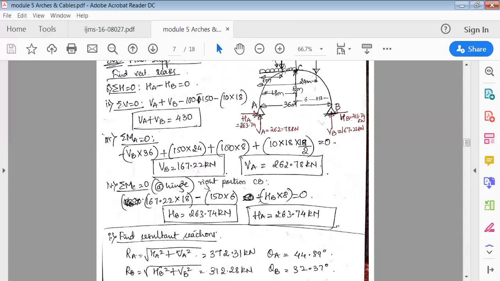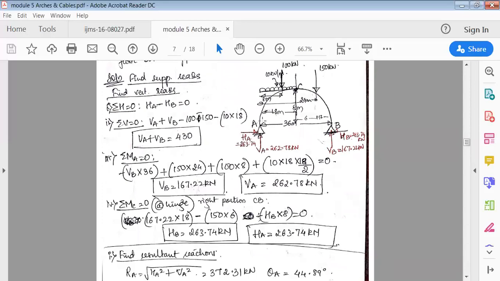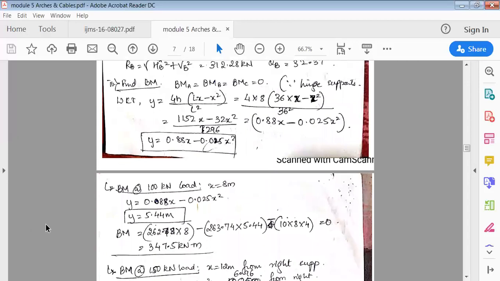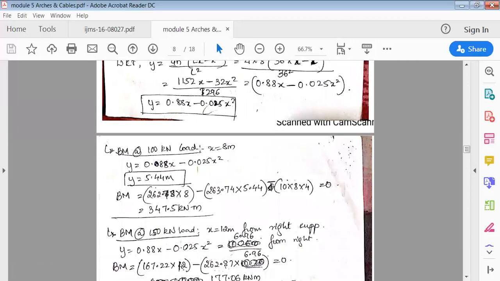For this x, we'll calculate y, that is the perpendicular, vertical distance. Put it back in the equation for the bending moment at 100 kilonewton, that is at x equal to 8 meter, and solve. So y is 5.44. Now we know x, we know y. So at that section, find out the bending moment.